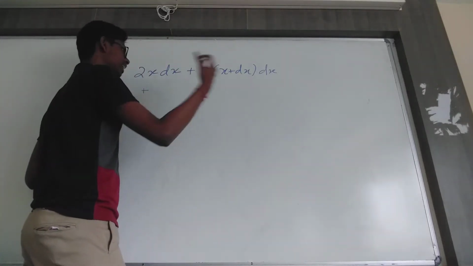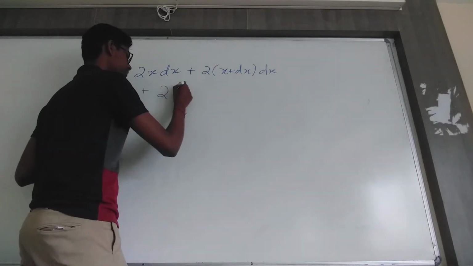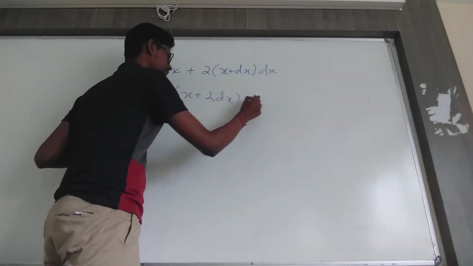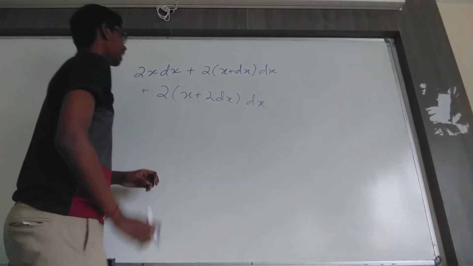And now we're going to take the next change. It's going to be 2 times x plus 2 dx times dx. And this goes on.